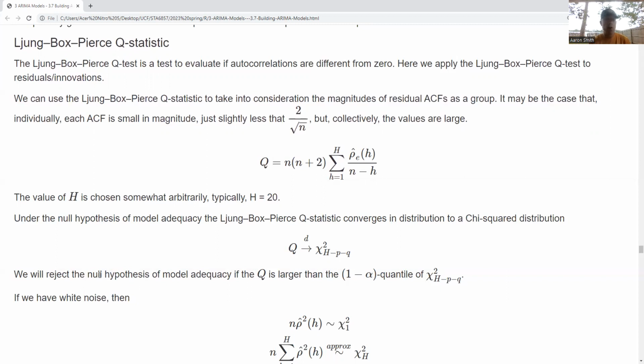We will reject the null hypothesis in favor of the alternative if the statistic is greater than the 1 minus alpha quantile of that chi-square distribution. So if I get something big, we reject the null.